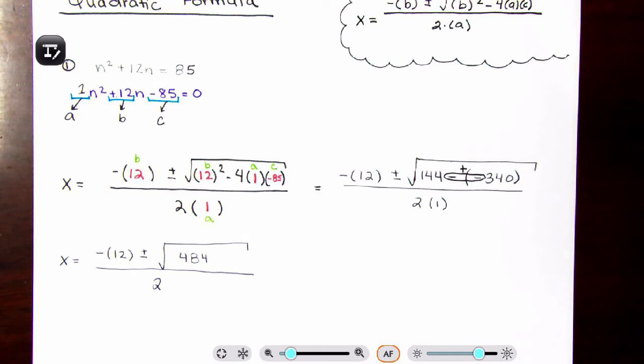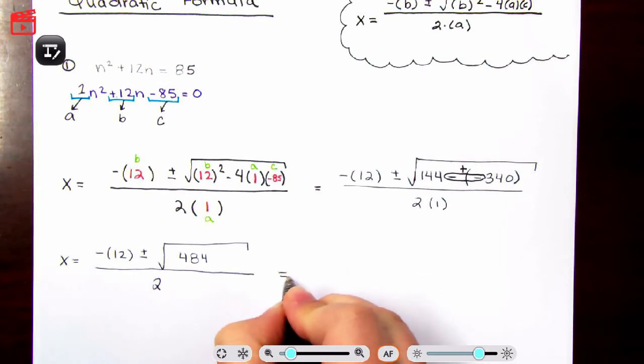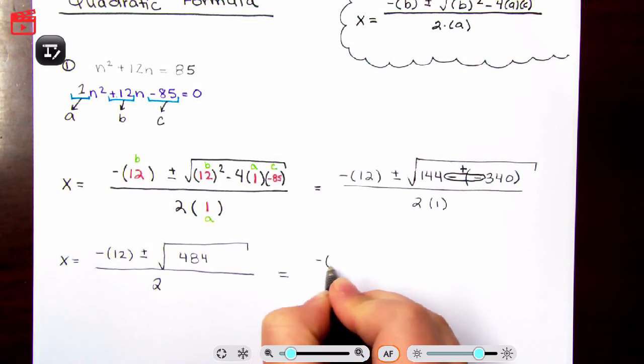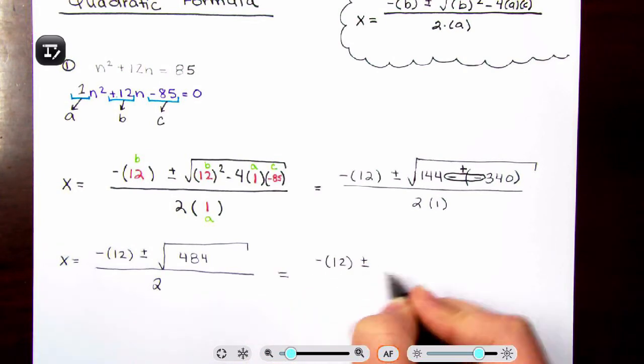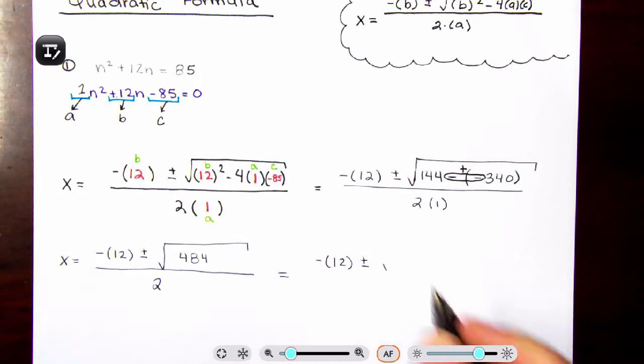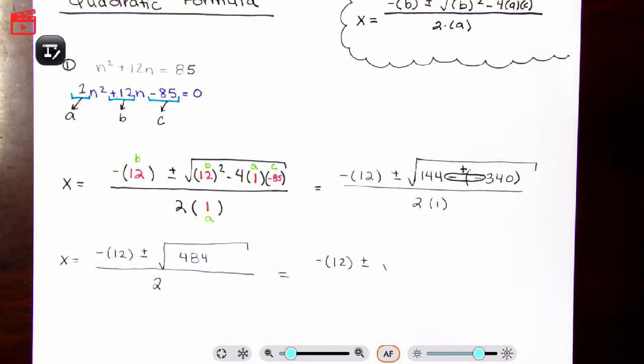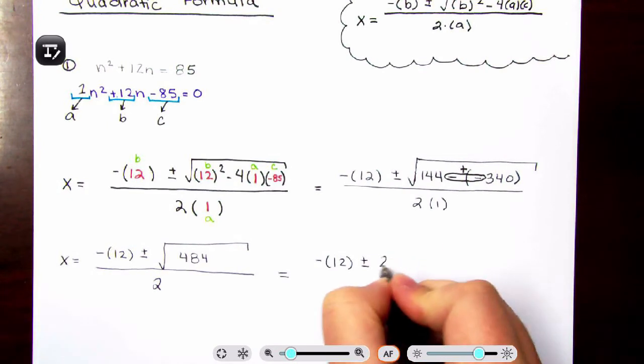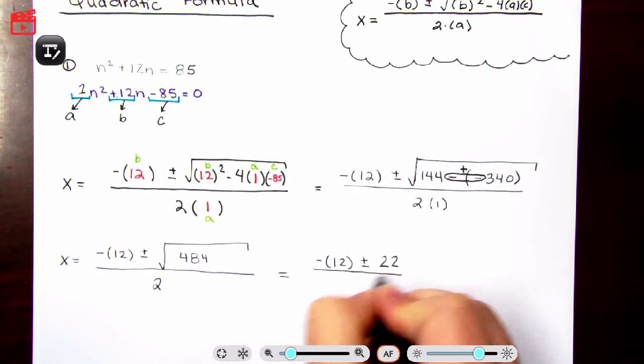Looking at the square root of 484, that gives me 22. So I'm going to say negative 12 plus or minus this. We don't need the square root anymore because the square root of 484 is 22. So I'm just going to write 22 here. All of this is being divided by 2.